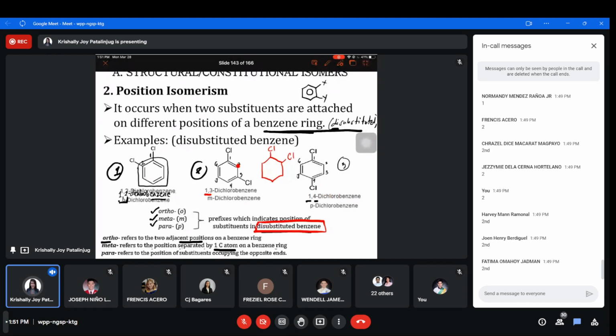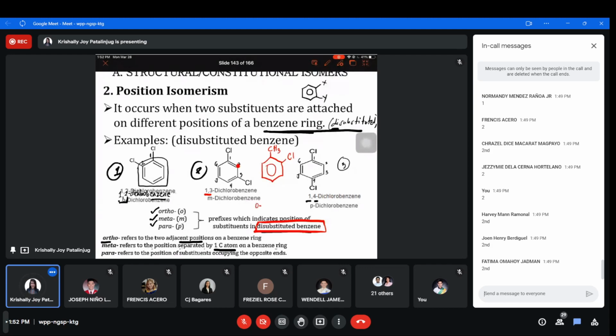So halimbawa, you have here a benzene ring with a methyl and a chloro. Diba? Methyl and a chloro, magkaiba yan. Different substituents. So when you name that, you could use ortho. Kasi magkatabi yung dalawang substituents. So obviously, you will use ortho.